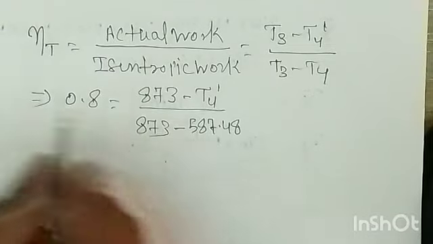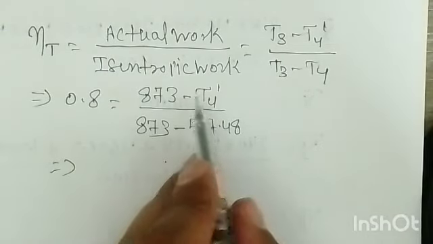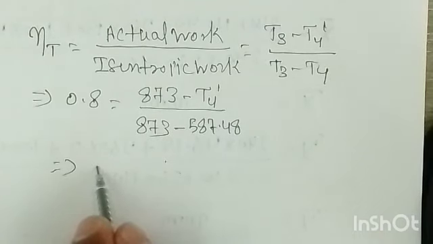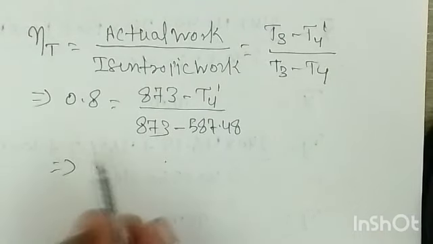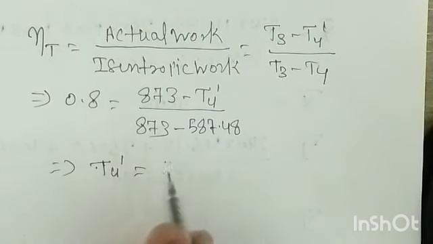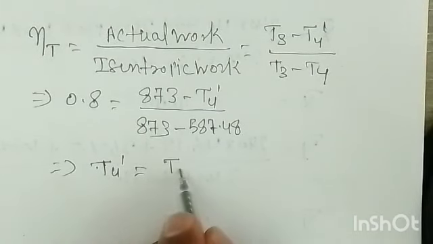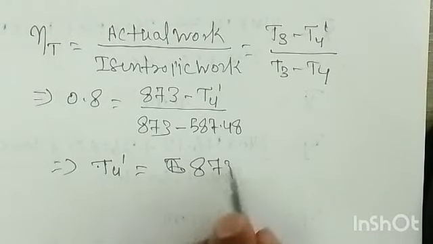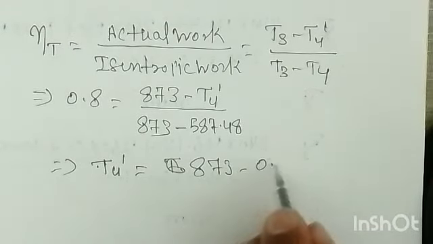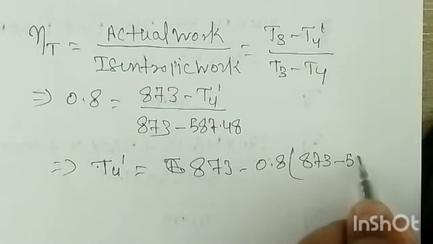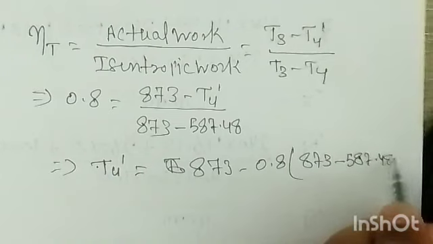Just cross multiply and you'll get the values. So T4 dash is equal to 873 minus 0.8 into (873 minus 587.48).